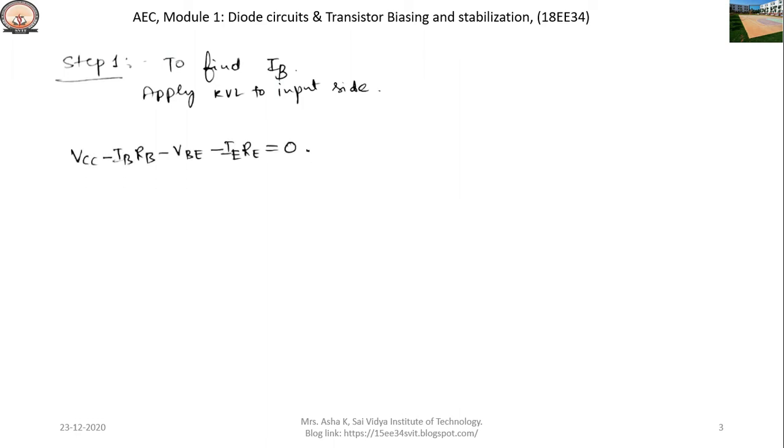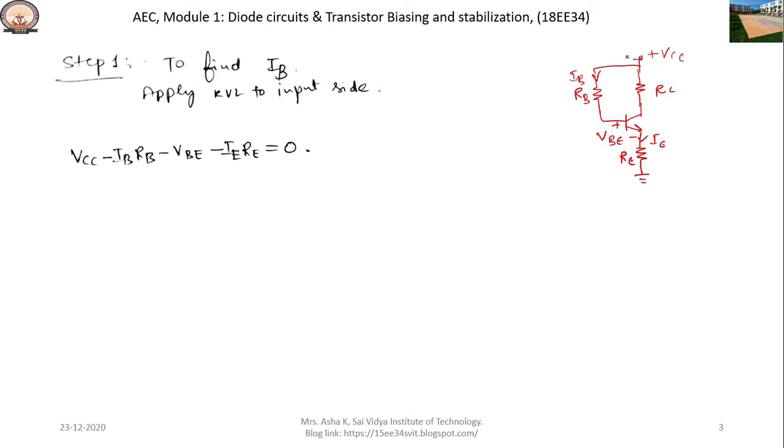Apply Kirchhoff's voltage law to the input side of the circuit, which consists of the plus VCC supply, a resistance RB with current IB flowing through it, the resistance RE with current IE flowing through it, and the input voltage VBE.